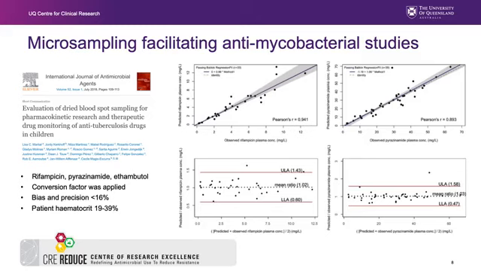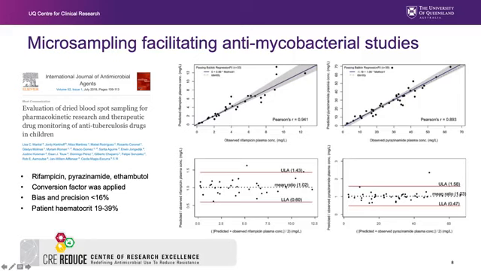When they did apply a conversion factor, you can see here's our Bland-Altman. There are two ways of describing your data using a Bland-Altman, and I'll walk you through them both. This one is where we divide our predicted versus our observed. So here what you want to see is a bias of 1.